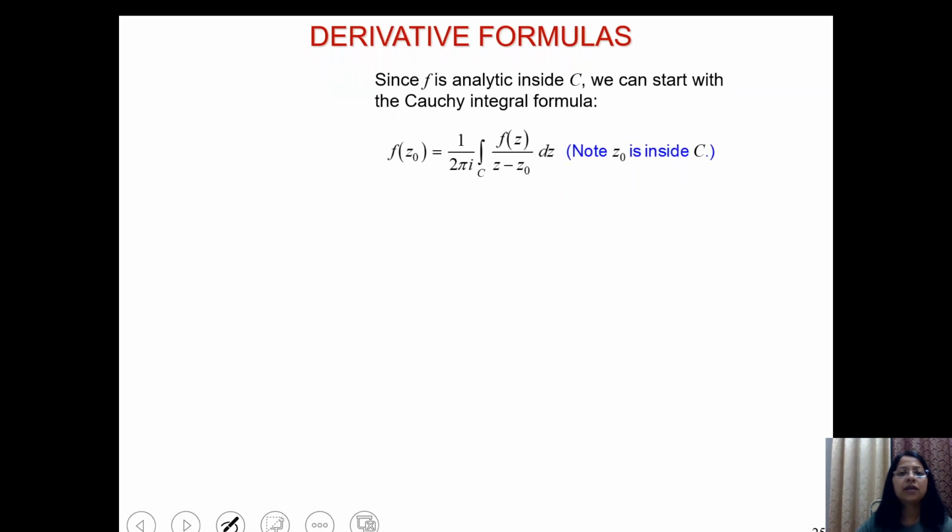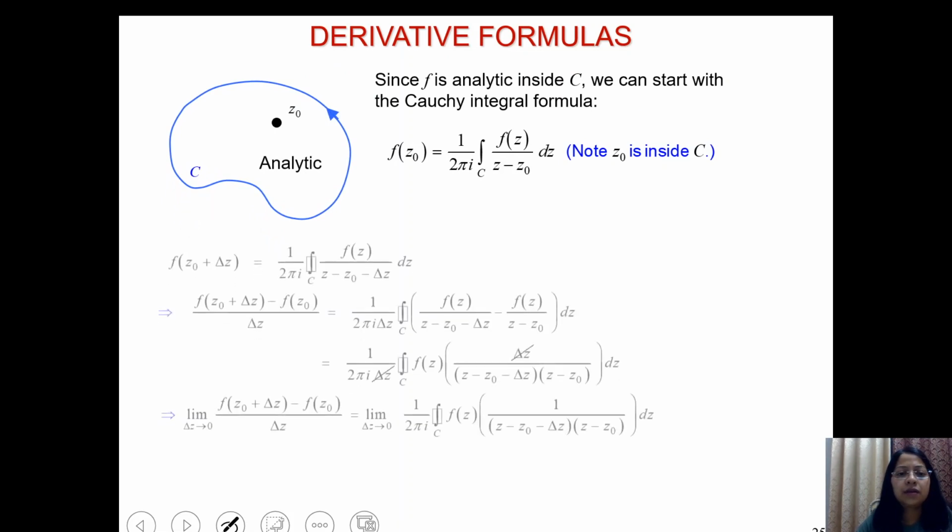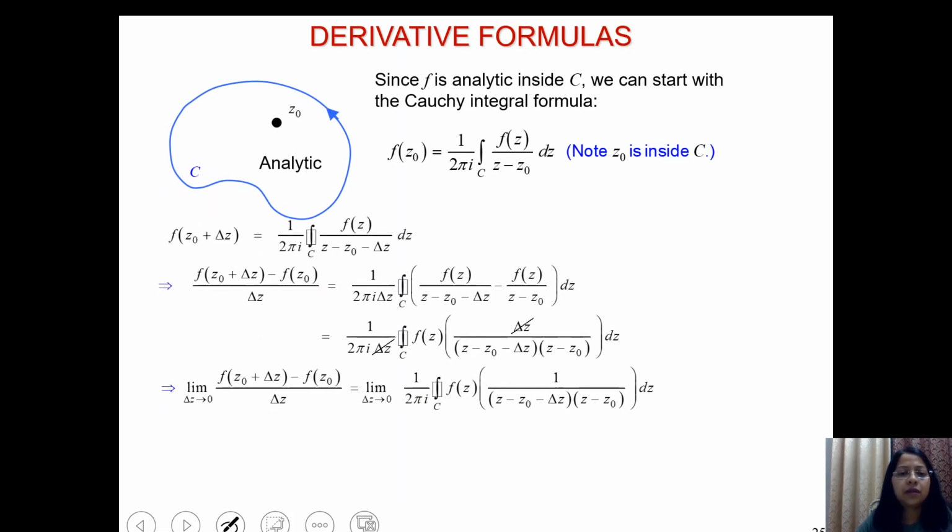Similarly, we can understand the derivative formulas for Cauchy integral formula. So here we can use partial fraction. A small difference delta z is taken from z naught, so some point z naught plus delta z is taken as the neighborhood point. So we can use the first principle of derivative here. f of z naught plus delta z can be written like this, and then we subtract the second from the first, and accordingly the calculations are done here.